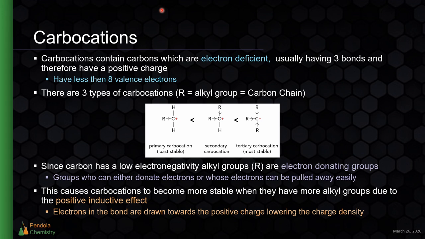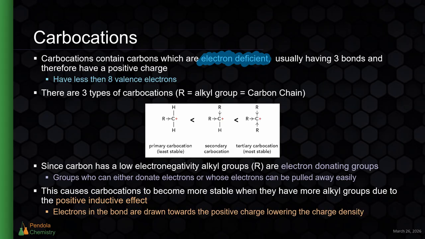Carbocations contain carbons which are electron deficient. And this is another word you will see a lot here. I'm just trying to give you as much vocabulary as possible now so we're not confused later. So electron deficient, meaning that we are deficient of electrons. The word deficient meaning missing or low on.